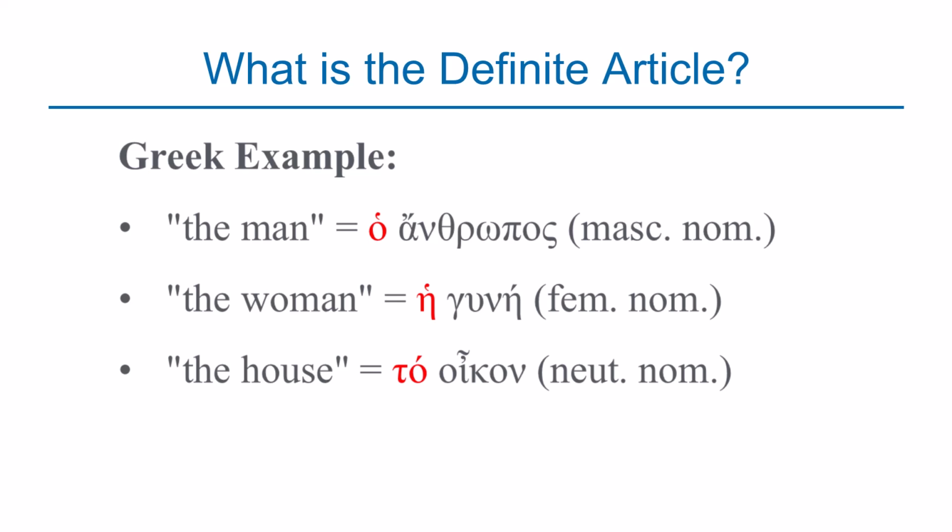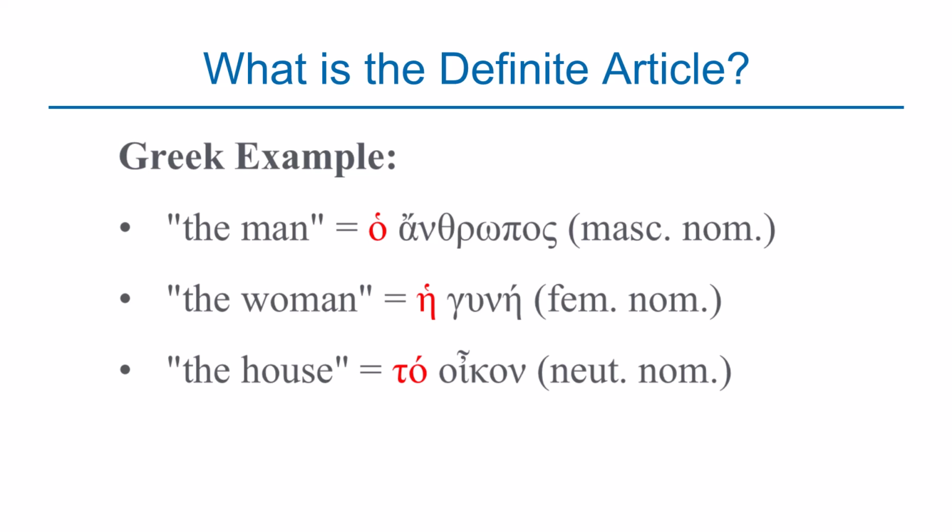And as you can see, take a look at those highlighted words. Those highlighted words represent the word "the" in Greek. That's how you write "the" in three different genders. In the masculine, you write "the" as ho, with that rough breathing mark on top. Remember, the rough breathing mark adds an H sound, and that's why it's sounding ho, not o, because of that rough breathing mark.